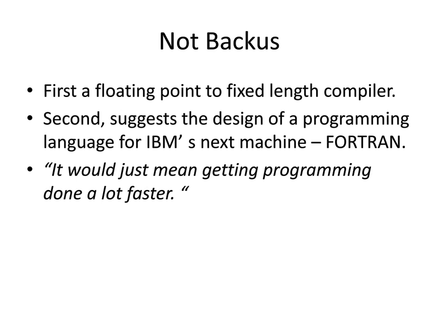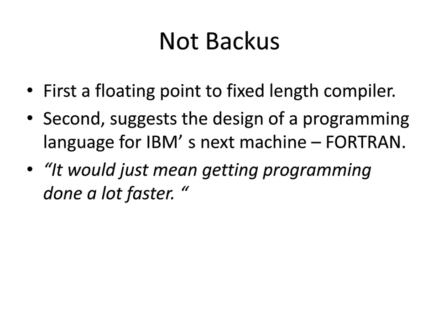So first he developed a floating point to fixed length compiler. And then he suggested the design of a language for the next IBM machine. That language became Fortran. Now, interestingly enough, he had opposition within IBM from people who said, well, this could be good, except that computer time is so valuable, programmer time is not.